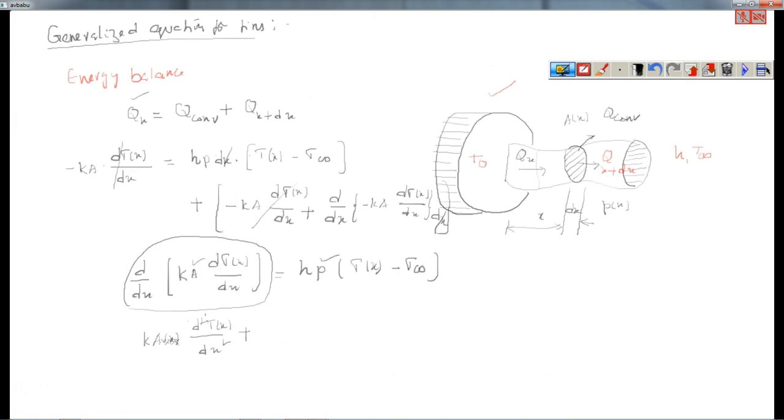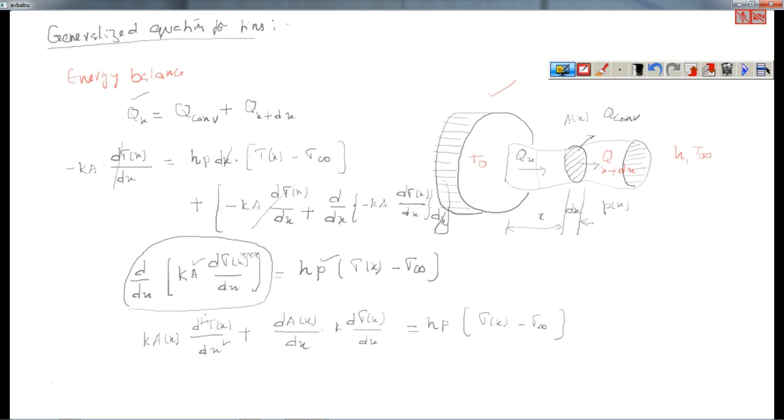The same way I'll use it: kA of x d square T by dx square plus dA of x by dx and k dT(x) by dx is equal to hp of T of x minus T infinity. Okay, right? I write it. I'm writing this as u and this as v. Therefore, I wrote it like this. Okay. Now, this is equation number one.